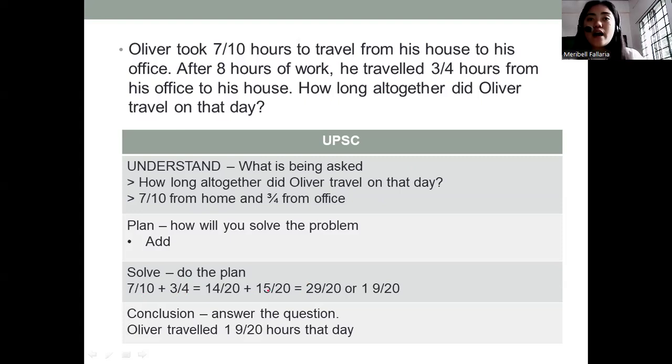Now, you're going to add the numerators because their denominators are now the same. Copy the denominator and then add the numerators. 14 plus 15 is equal to 29. Now, you're going to convert it to a mixed number. Okay? How do we convert an improper fraction to a mixed number again?